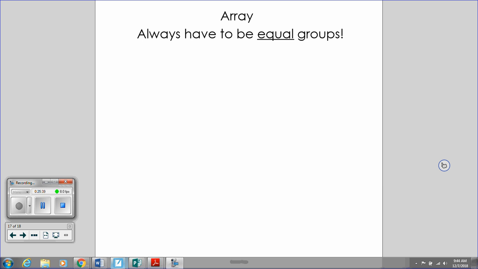Arrays always have to be equal groups. If somebody repeats it over and over again, it's probably important. Is it probably important? Yes. Yeah. You should probably write down important things.